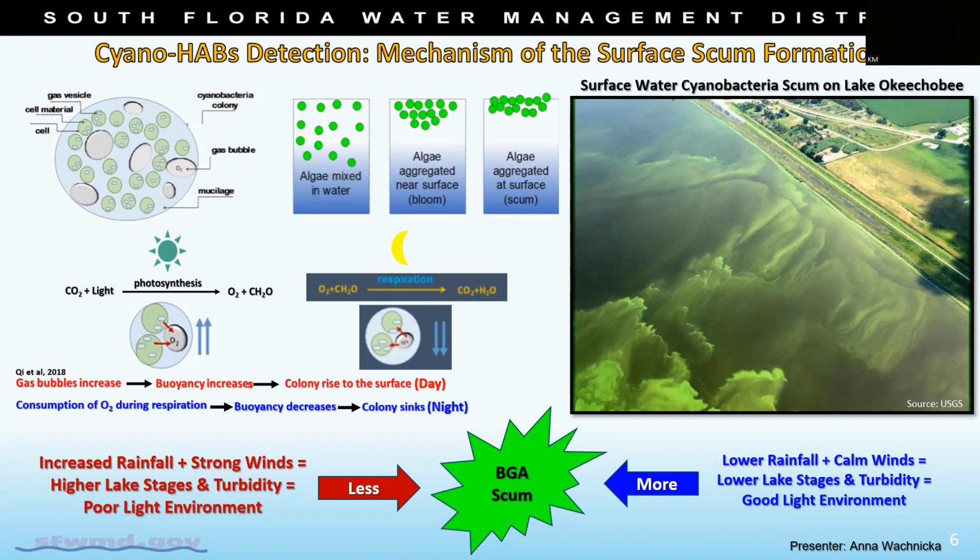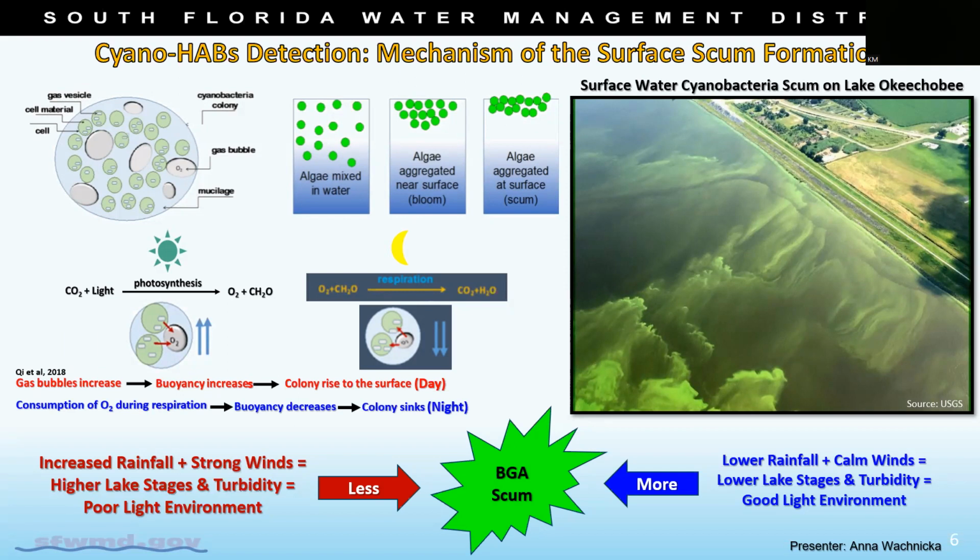They often form gigantic colonies that form aggregates near the surface. Those surface scums are really well visible from the air and by satellites. This is a picture that was taken by the US Geological Survey, and this is exactly how those blooms look. They're bright green and really well visible.